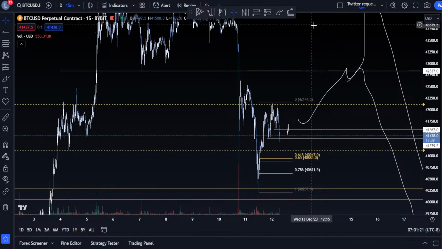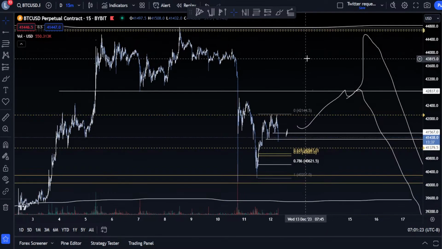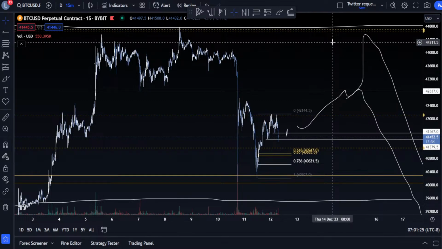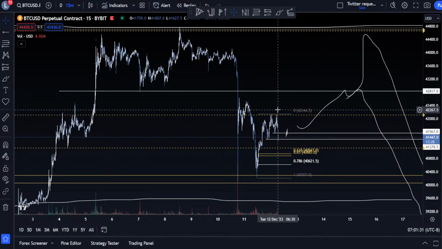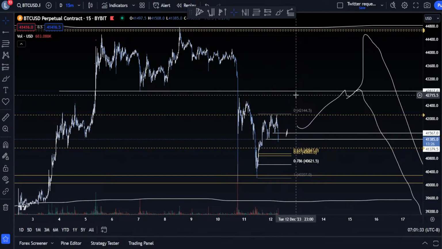Someone's asking full TP or partial. Up around 42,500, 42,200, I would say that there's risk reward to either, right? You could take the full out of the scalp. I'd say that this probably is a suspect level to try to trade it much higher.